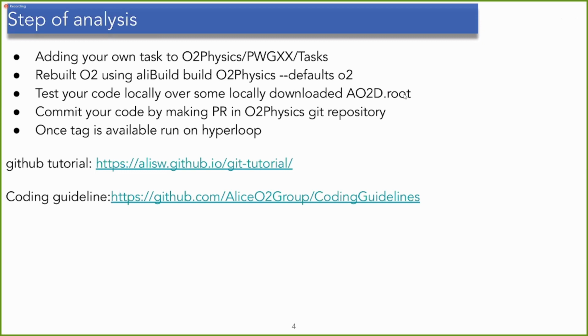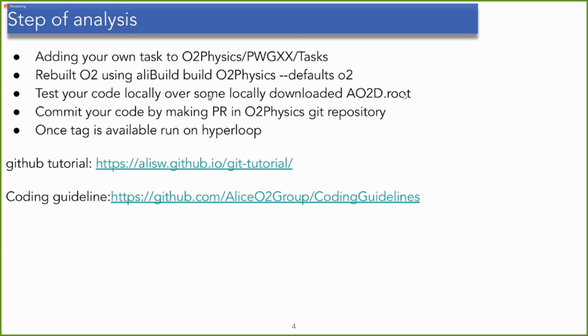Under those directories, you will find a folder called tasks, and you need to put your analysis tasks there. Then you need to rebuild your O2Physics framework using the same command that we used when we first built the O2Physics software.